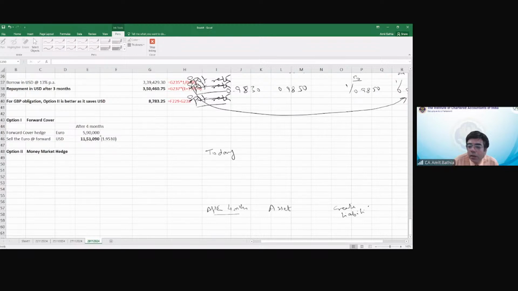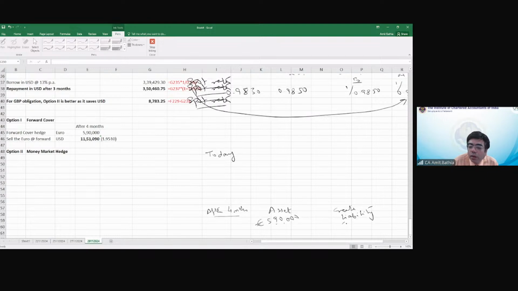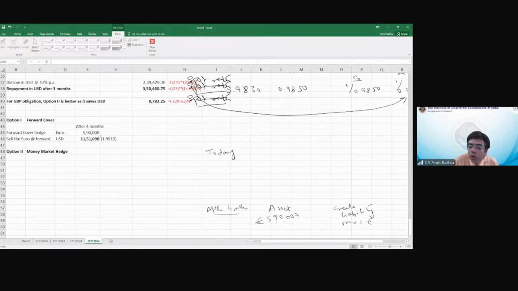The asset will be of how much? 590,000 euro. So I need to create a liability which is going to have a maturity value of the same amount, euro 590,000. In order to have the liability maturing, I need to create a liability in terms of euro. Am I right?